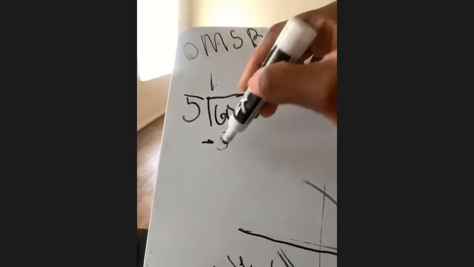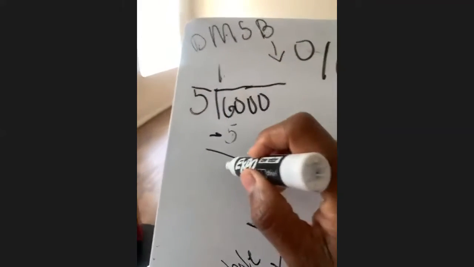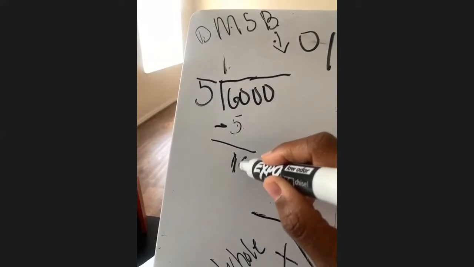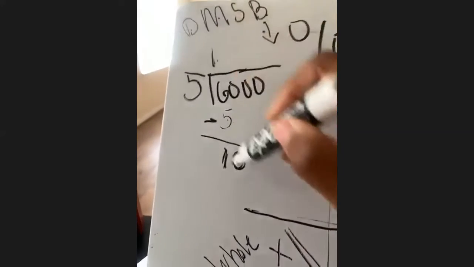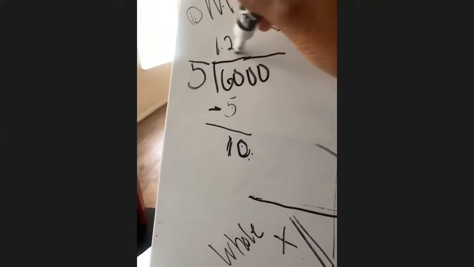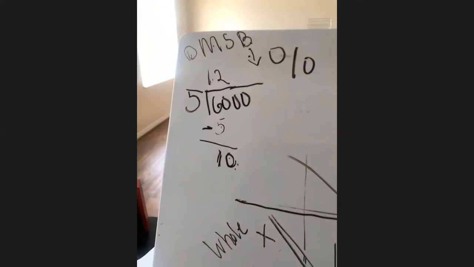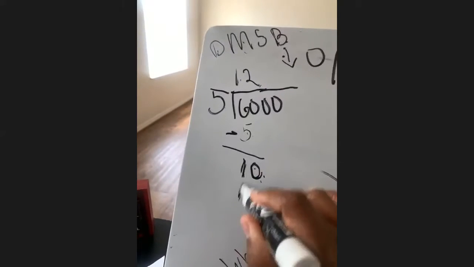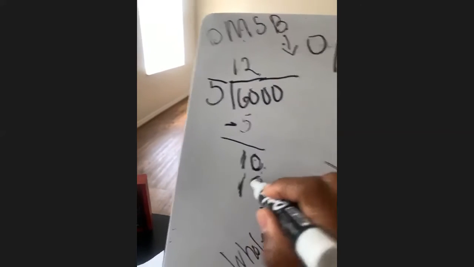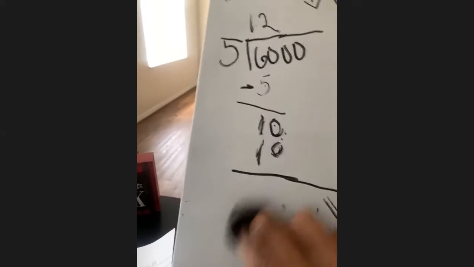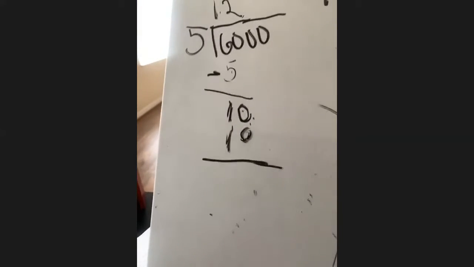So we multiply, now we're subtracting. Now we bring down one number at a time. 5 goes into 10 2 times, right? 2 times 5 is 10, right? So we'll have to just rewrite this, but it's okay.